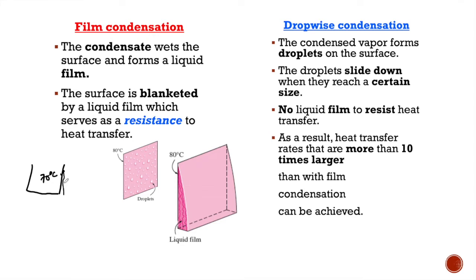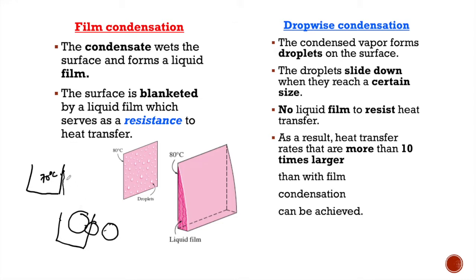Originally, when we do the heat transfer, we have a convection process, then for the solid surface a conduction process, and the last one is a convection process.